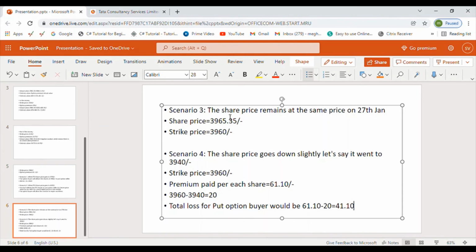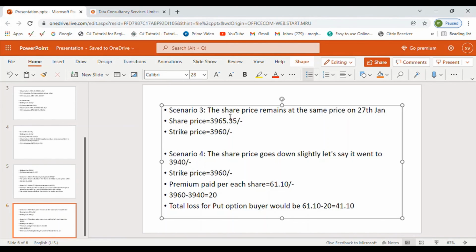And also, for buyers, the profit is unlimited, because if the share price went down drastically, maybe to 2,000, just imagine how much money the put option buyer is going to make. It is a hell of a lot of money. And in the same way, the option seller can make profit only up to the extent of the credit he has received in the form of premium.